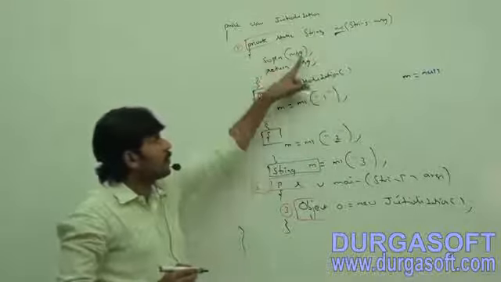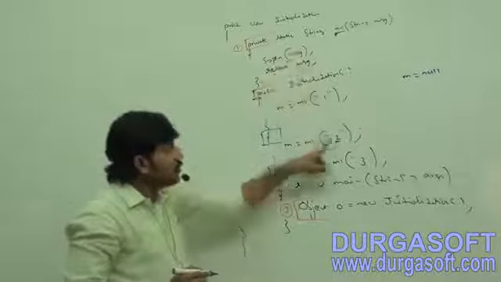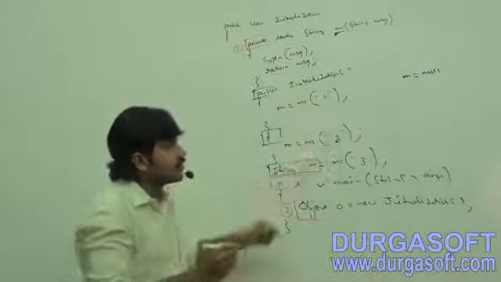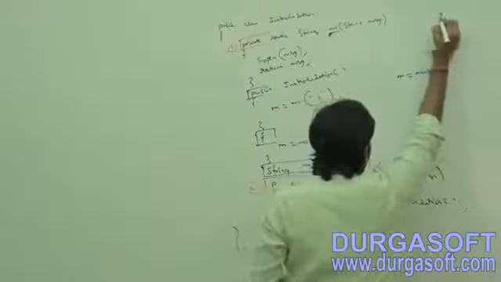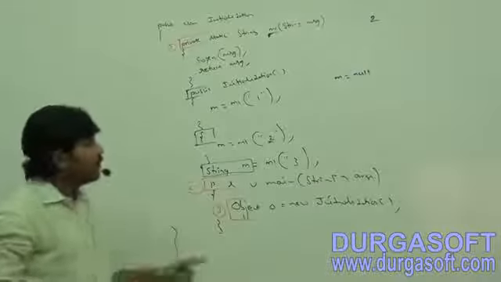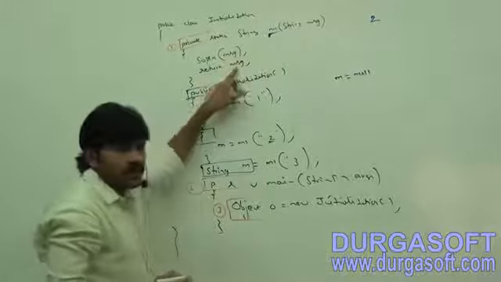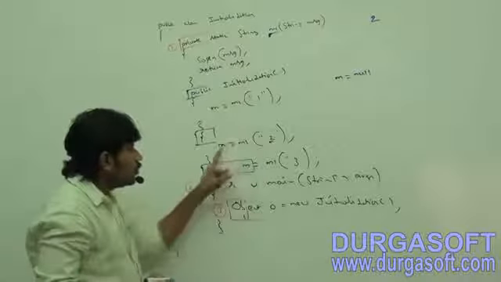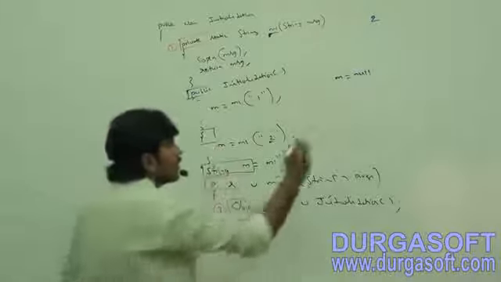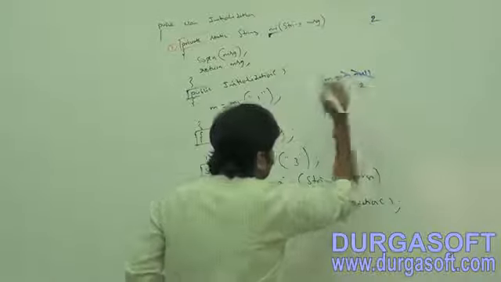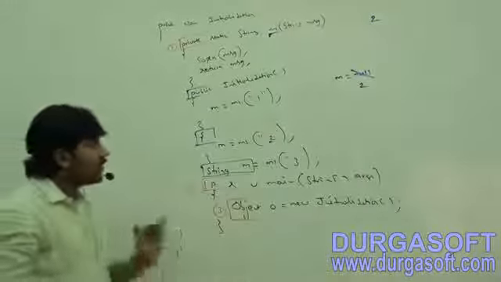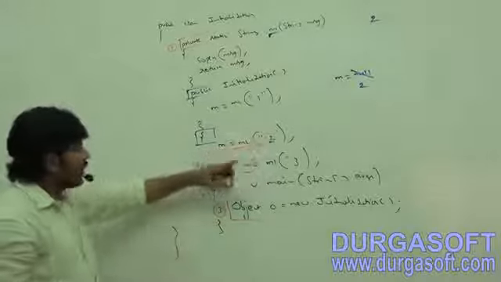Now it will print SOP of msg. So which argument are we passing? 2. That's why in the output 2 will be printed. Return 2. Now that 2 I am assigning to m. That's why null will be replaced with 2. Now the value of m is 2.